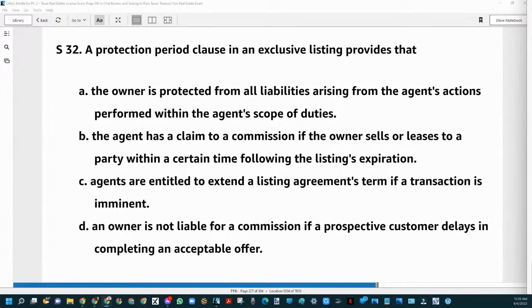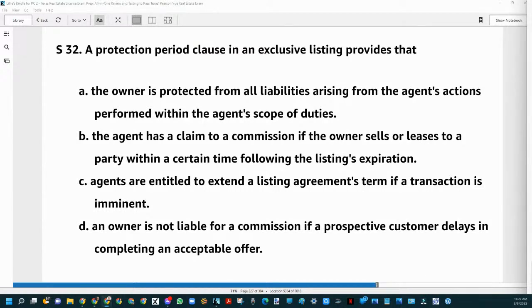So the protection period allows for a realtor or broker to collect commission if the seller ends up selling the property to someone or leasing it to someone that the property was shown to. So sometimes we can put a 30, 60, 90-day protection, send them a list of viewers who viewed the property.